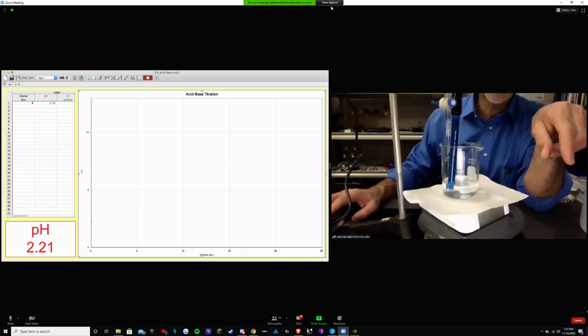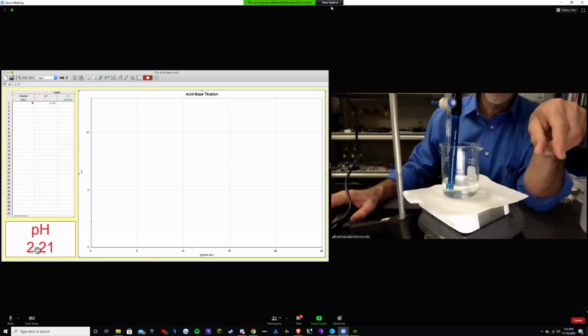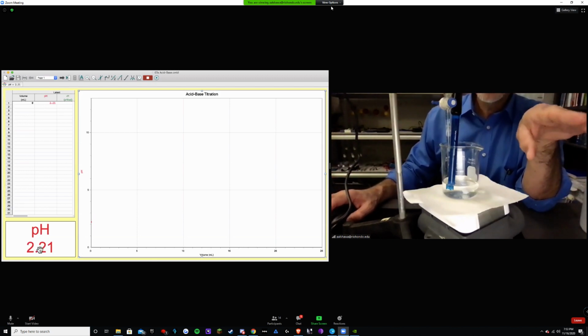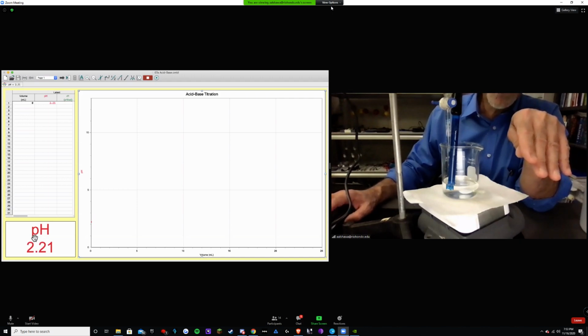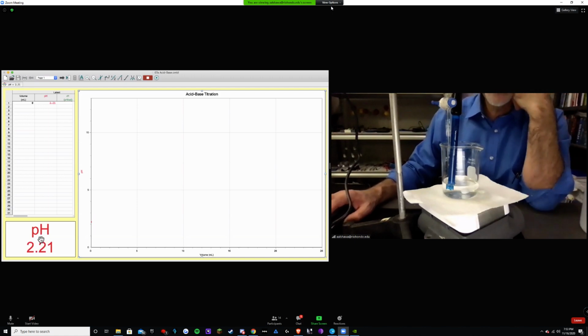I'll watch out if the pH values start to jump quickly. First I want to approach it by adding slowly, maybe a milliliter, maybe half a milliliter. I want to see the value increasing gradually. I don't want to jump quickly. Typically, once the pH value is around 5.5 to 6, it'll start to jump quickly.